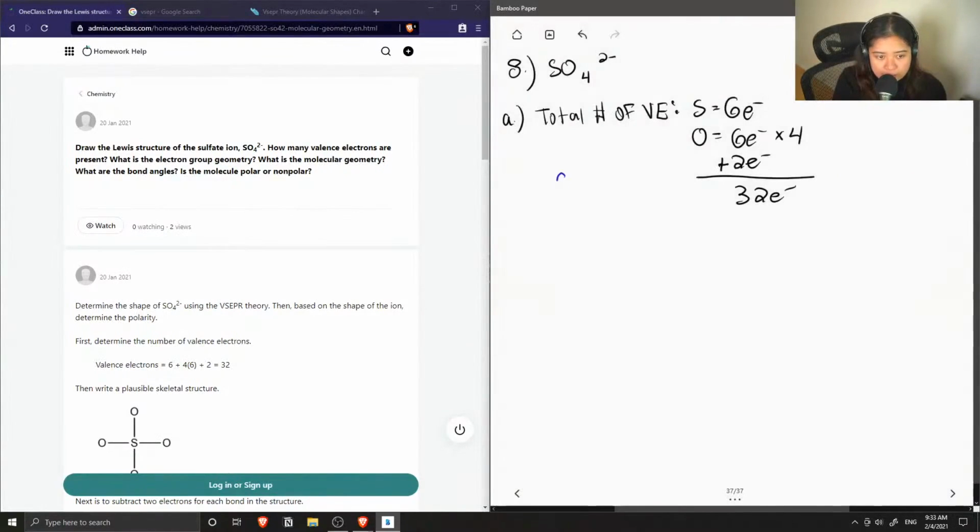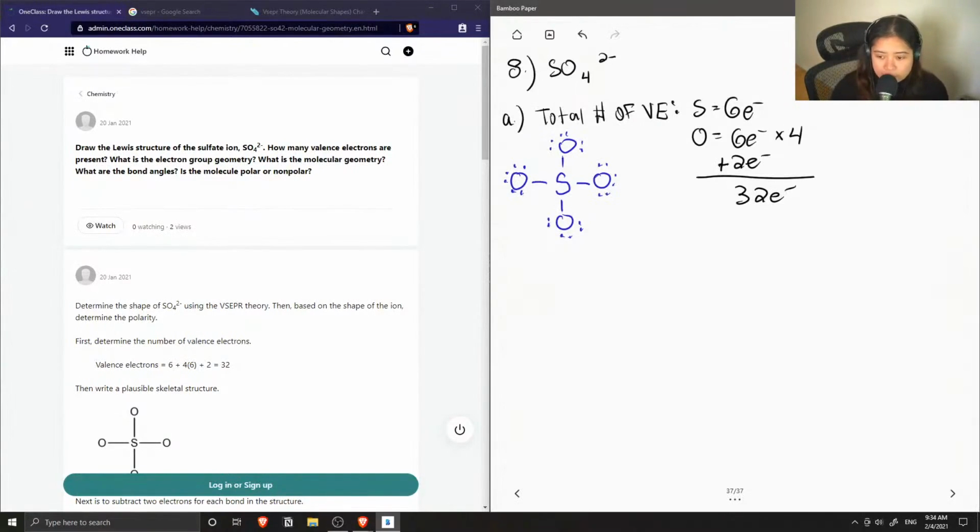So this will help us in writing the Lewis structure. We'll have sulfur as our central atom. And let's see what happens if we were to draw out the 4 single bonds to oxygen and fill in all of the lone pairs. If we were to calculate the formal charges of all of the oxygens, when we have a single bonded oxygen, it has a formal charge of -1.